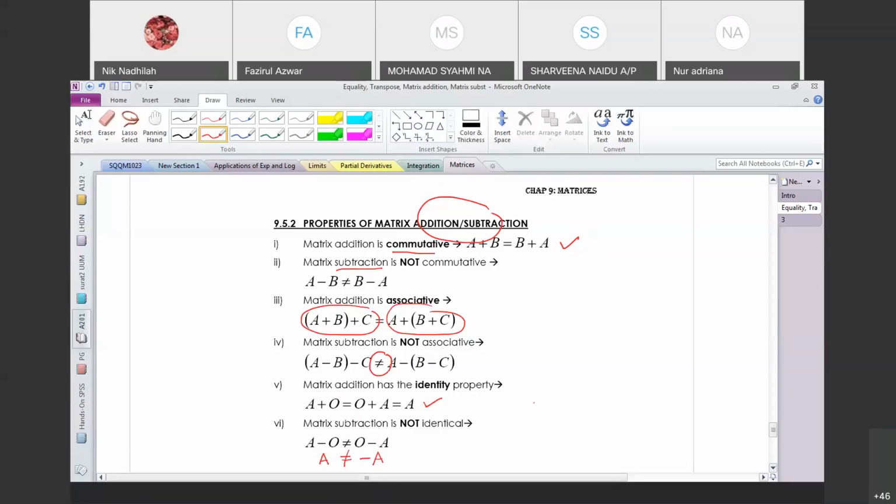Okay, let's demonstrate. Let's say this is your matrix A, 1, 2, 3, 4. What happens if you subtract the null matrix? You will get 1, 2, 3, 4, which is the same here. But what about a null matrix minus A?